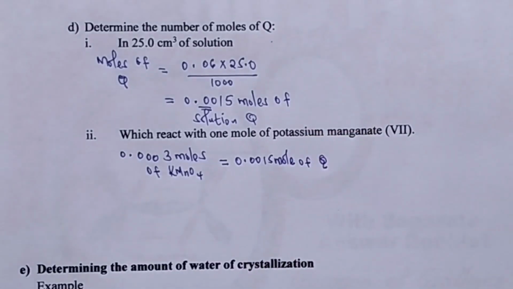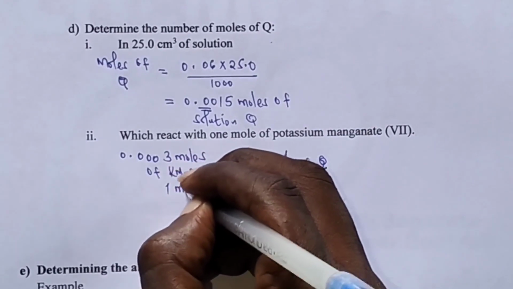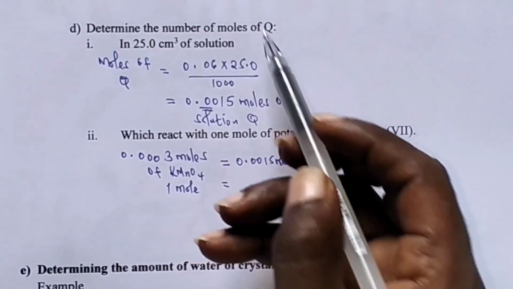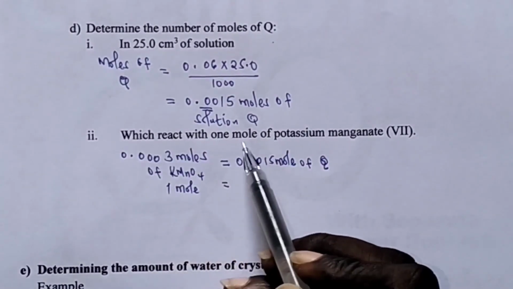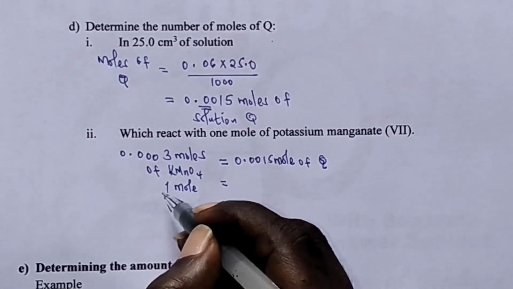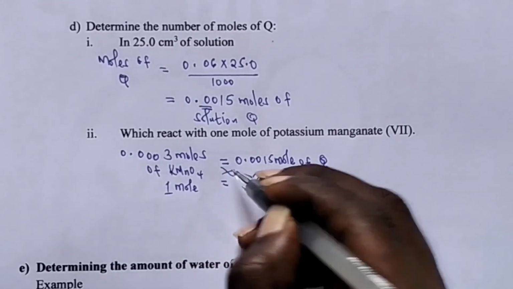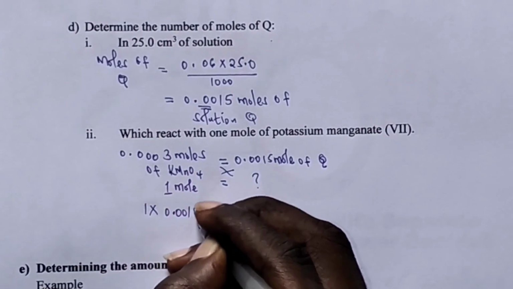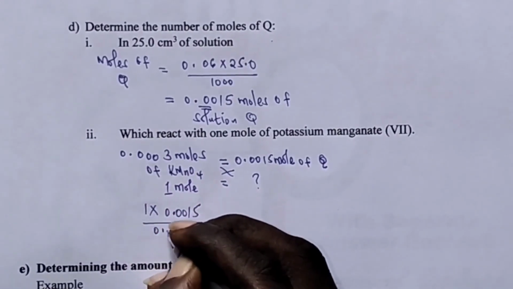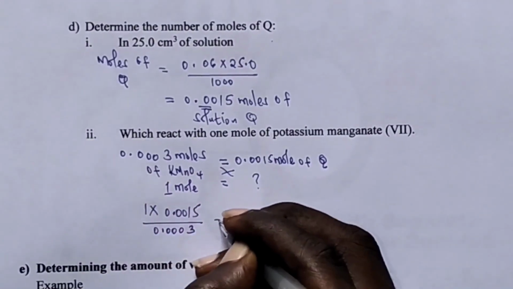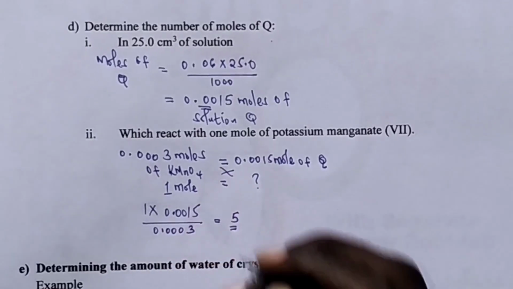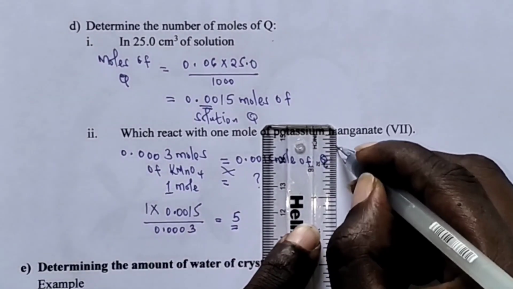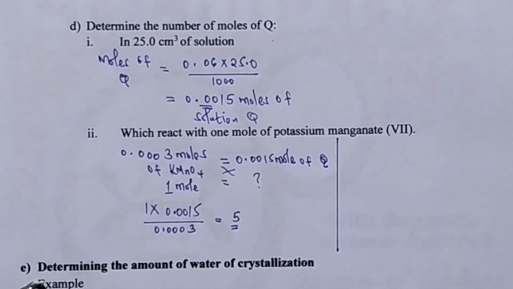So what about 1 mole of potassium manganate(VII)? Because we are told to determine the number of moles of Q which react with 1 mole of potassium manganate(VII). So we cross multiply. We are going to say 1 times 0.0015 divided by 0.0003, so we are going to get 5. So what does that mean?